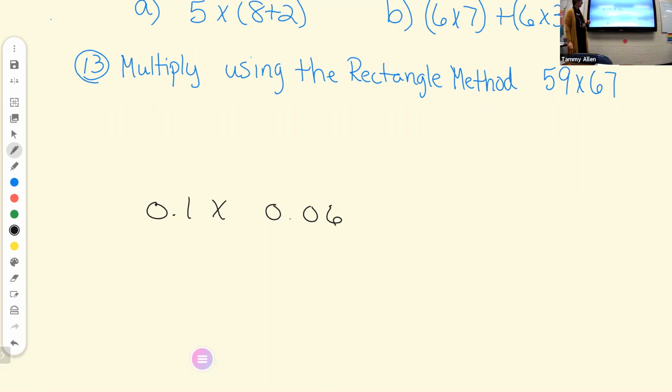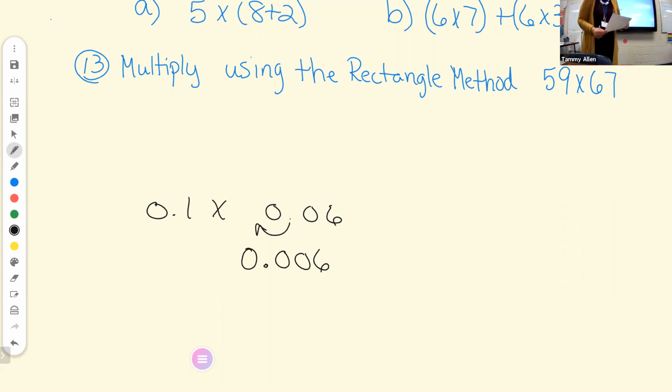It's going to get smaller, so it needs to move one place to the left, making it 6 thousandths.